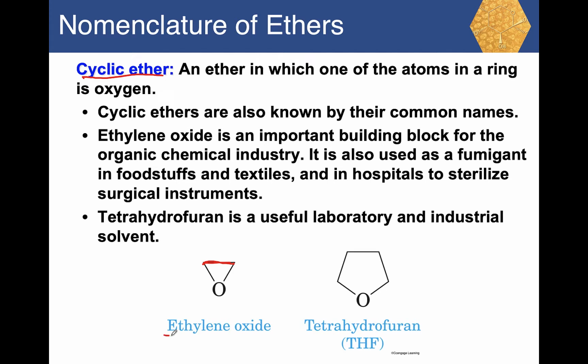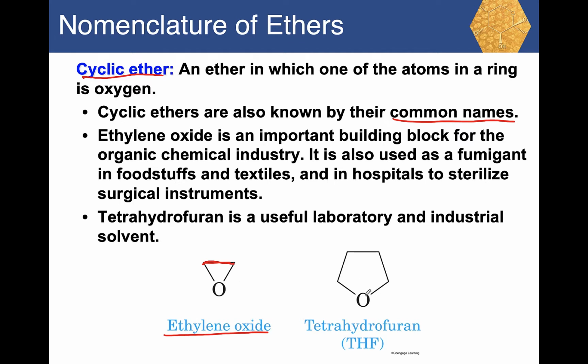The name of this is ethylene oxide. The naming of cyclic oxide is a little tricky, so we tend to use common names for cyclic ethers. Cyclic ethers, again, they have the oxygen as part of a ring.